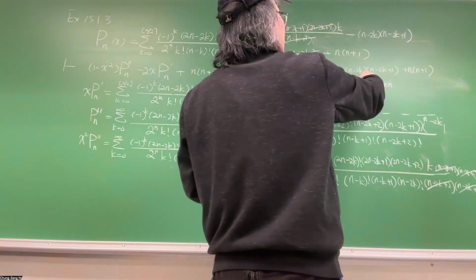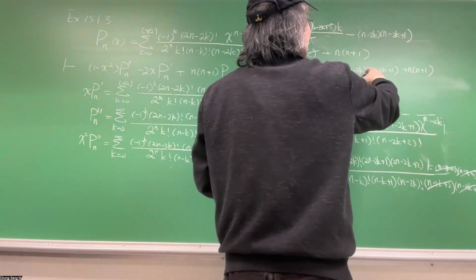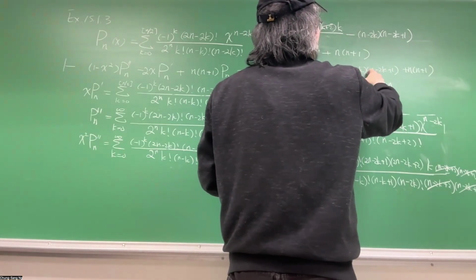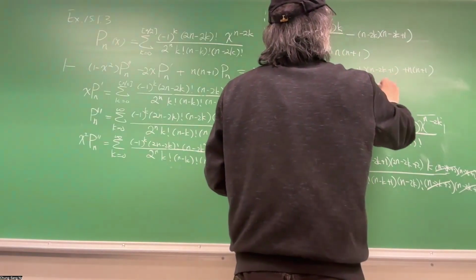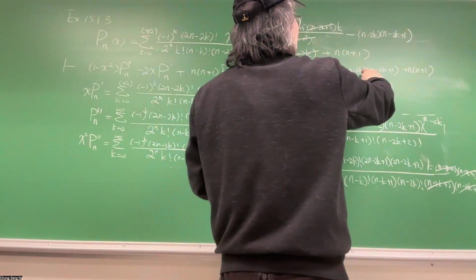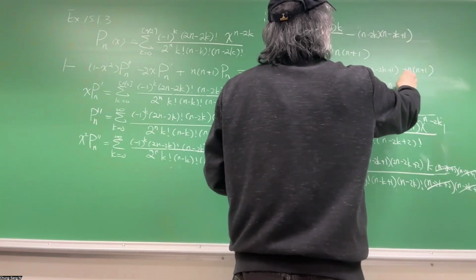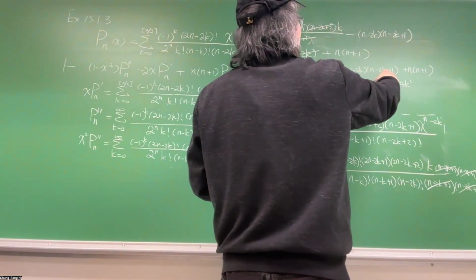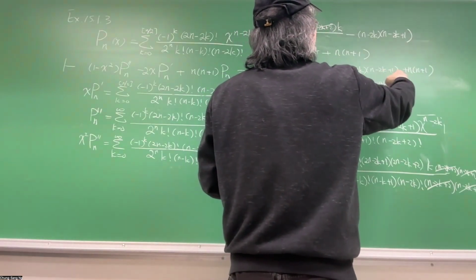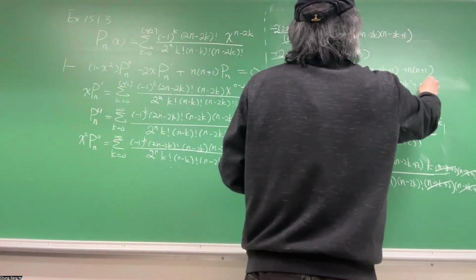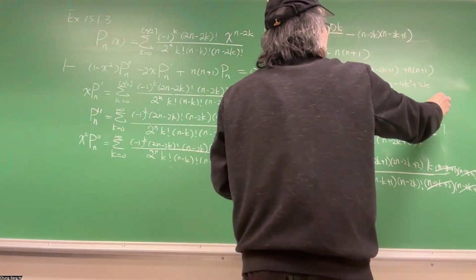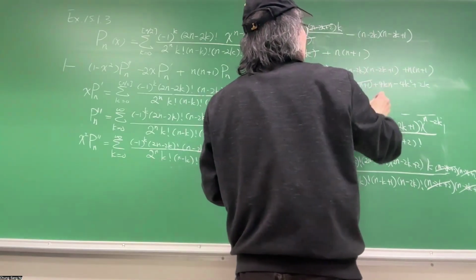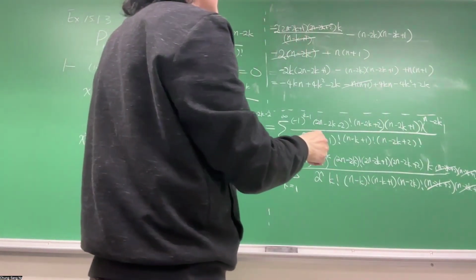And this one is minus 2k times n, and it's also a plus sign, so again 4kn, and then minus 4k squared, and plus 2k.